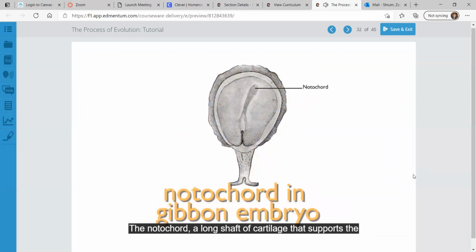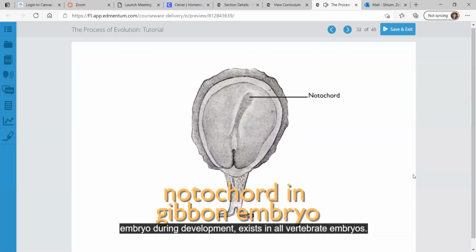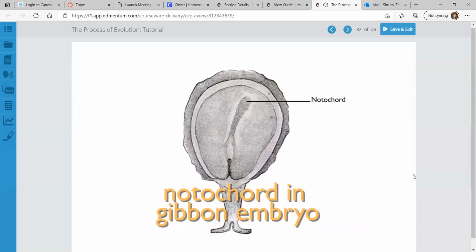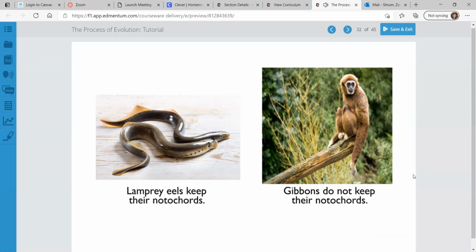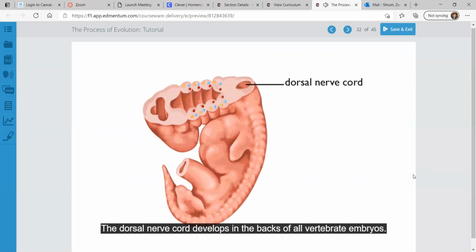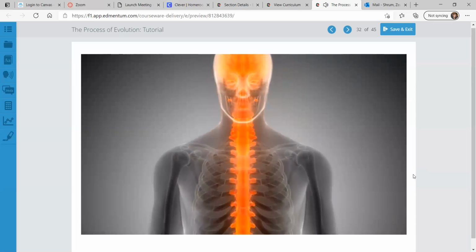The notochord, a long shaft of cartilage that supports the embryo during development, exists in all vertebrate embryos. A few lower vertebrates keep their notochords as adults, but for most vertebrates, the notochord develops into the vertebral column. Yet the fact that all vertebrates have notochords at one time or another demonstrates a shared evolutionary ancestor. The dorsal nerve cord develops in the backs of all vertebrate embryos. It grows into the central nervous system in all vertebrate adults.